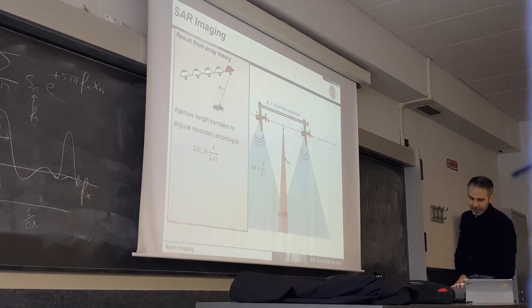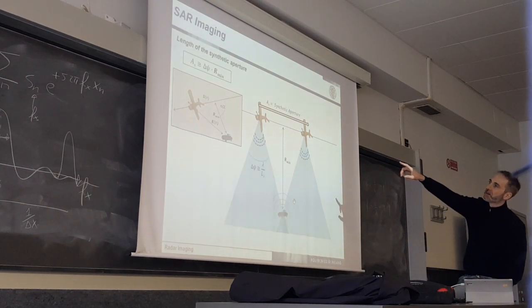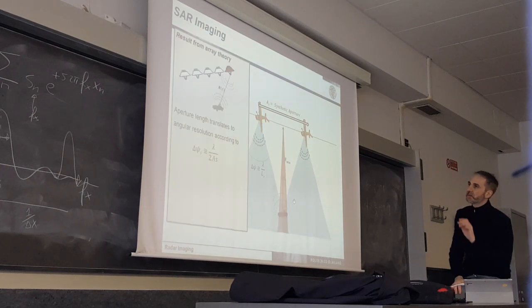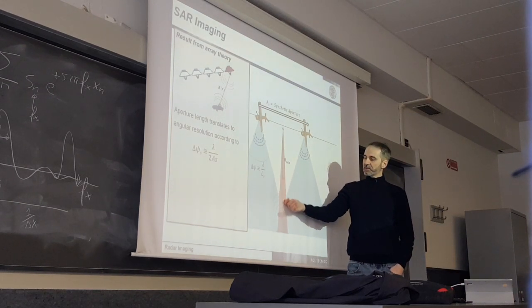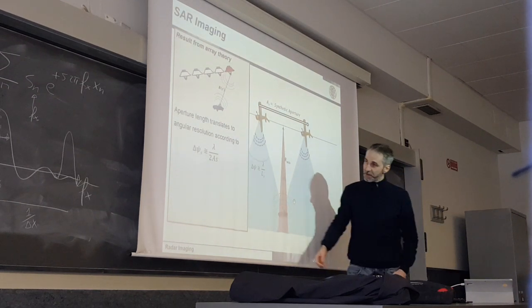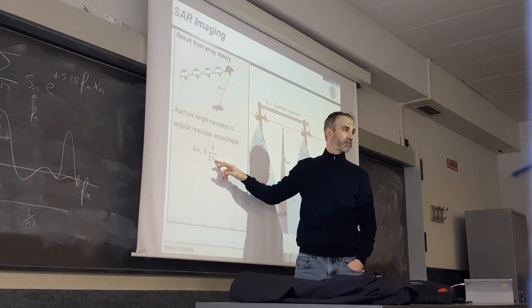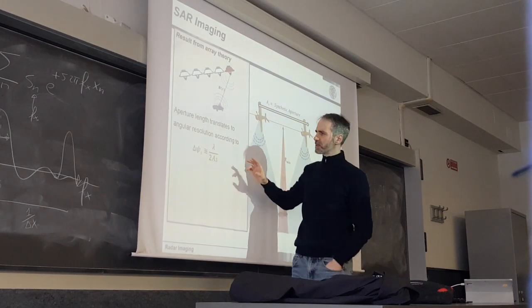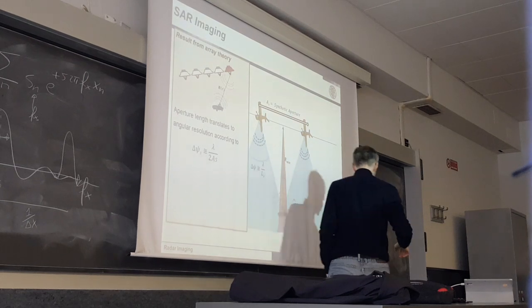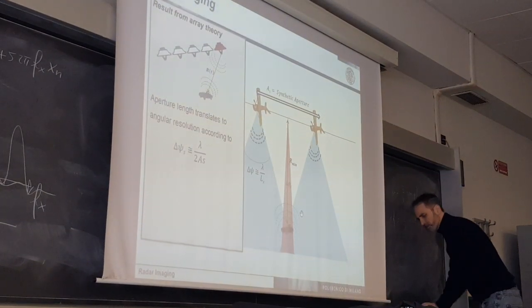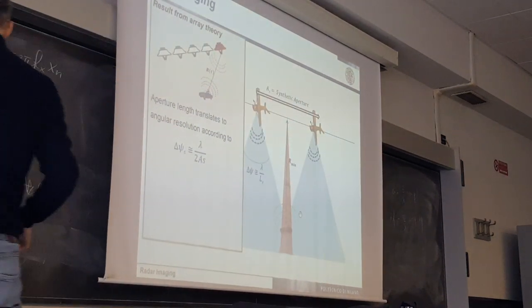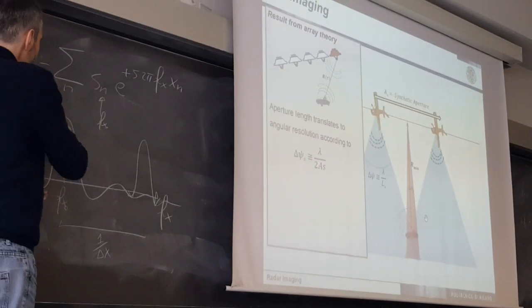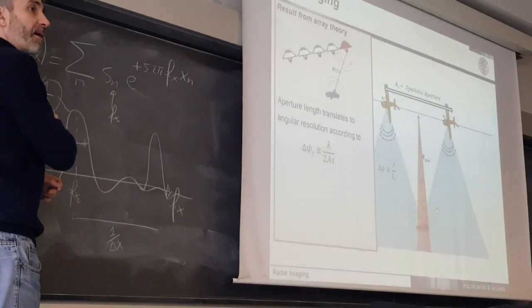Now, if you have an antenna this long, then you have a capability to resolve different angles, which is given by this expression. Maybe the slides are not very clear here. We say that this pulse width is 1 divided by A, right?